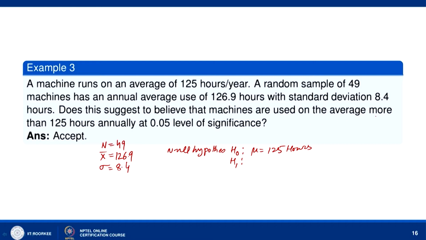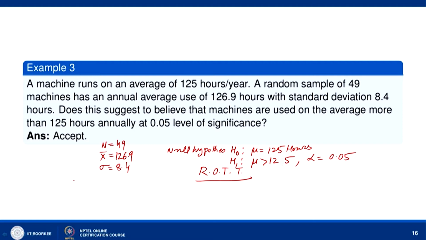They are used on the average more than 125 hours. So, mu is greater than 125. So, since we have mu greater than 125, this is a right one tail test we have to apply. Now, alpha is given to be 0.05. At 0.05 level of significance, we have to test our hypothesis.